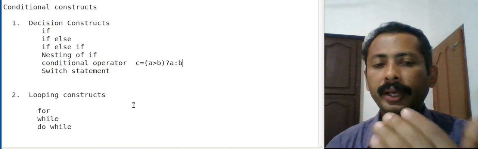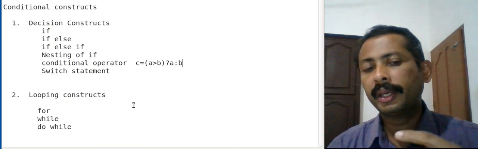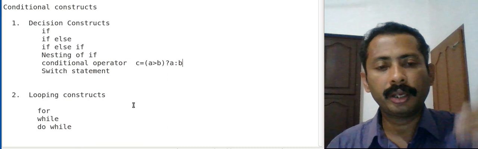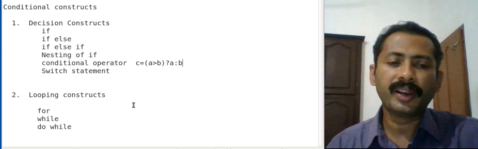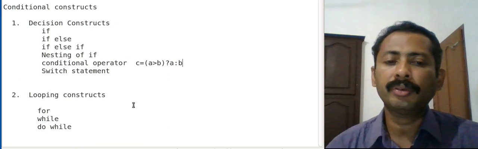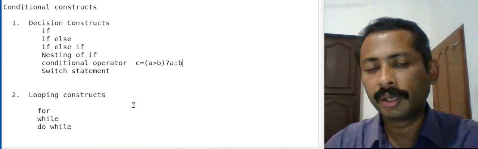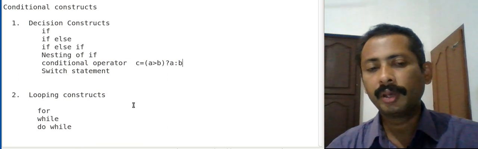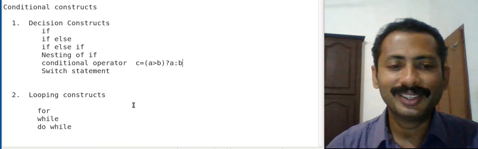Sometimes some lines are skipped, sometimes some lines are executed again and again. So this execution flow, normally it is from top to bottom. If 5 lines are given, then it will execute from the first line to the 5th line. So if we want to change the execution order like this, skipping or repeating, we can use these conditional constructs. Okay, thank you.